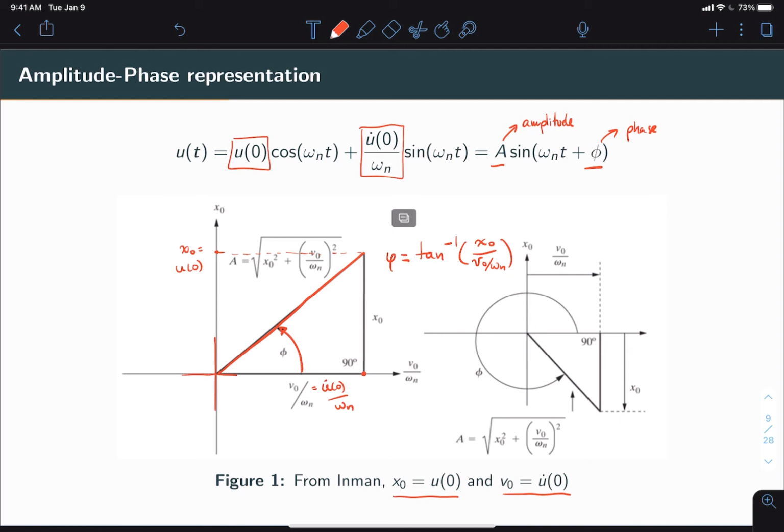On the converse case, if phi is equal to 90, the slope of the curve is going to be equal to 0, and the sinusoid is going to start at the peak. Okay, so this is a slightly better representation, in my opinion, to visualize exactly what the curve would look like.